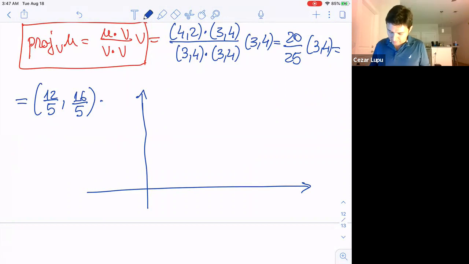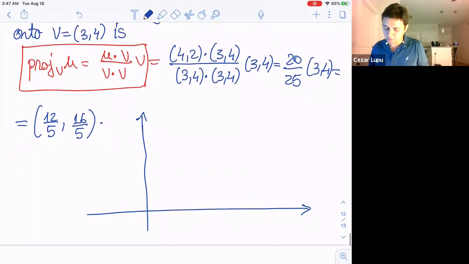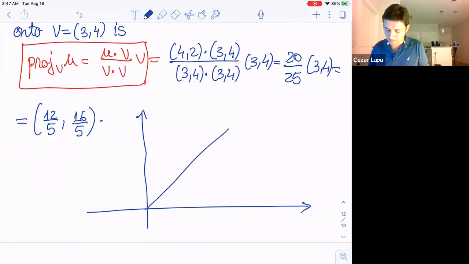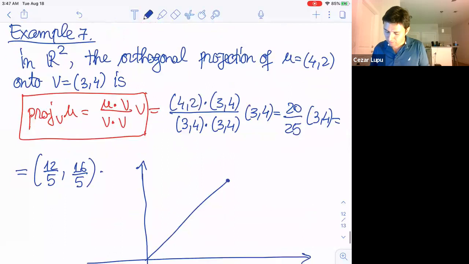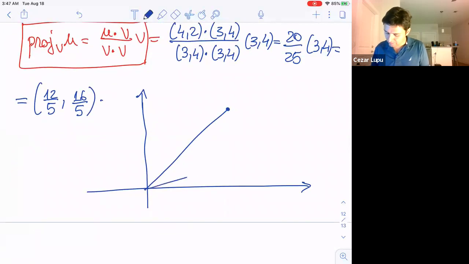Let's have the vector, let's say (3, 4). This is my vector v.